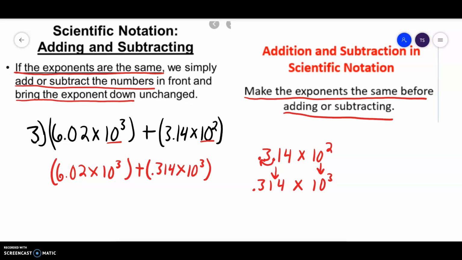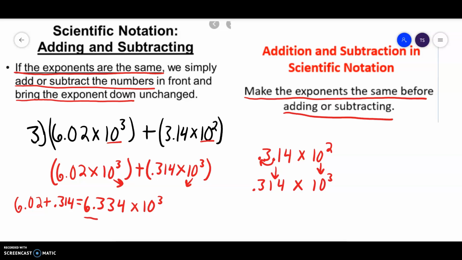So we take our numbers in front and we're going to add them. 6.02 plus 0.314, and we get an answer of 6.334, and then we just bring this down because it's the same, times 10 to the third power.